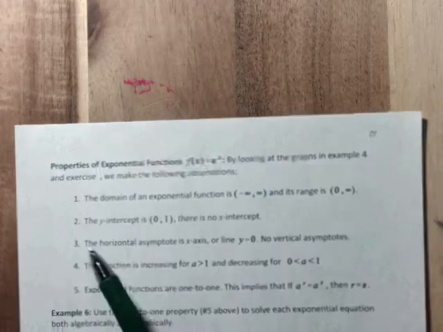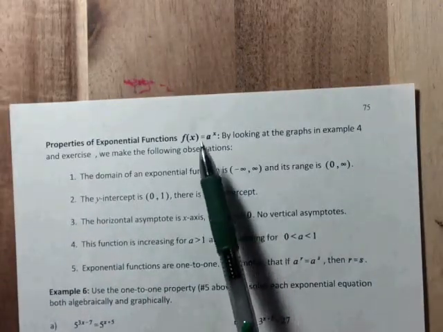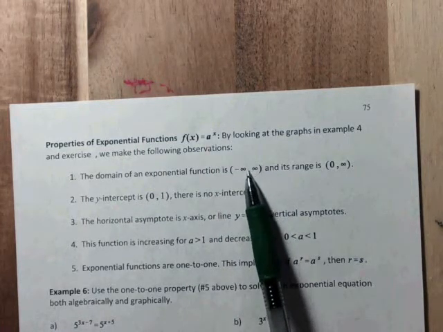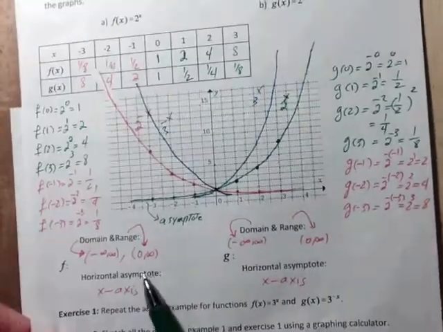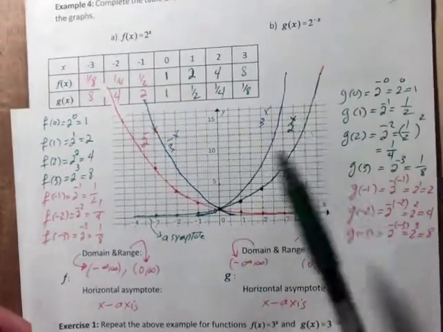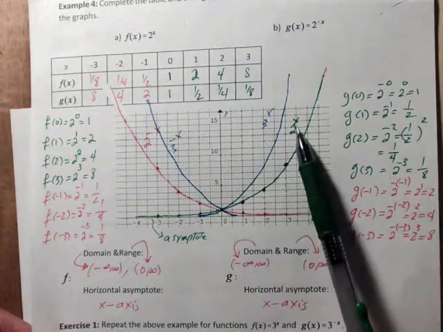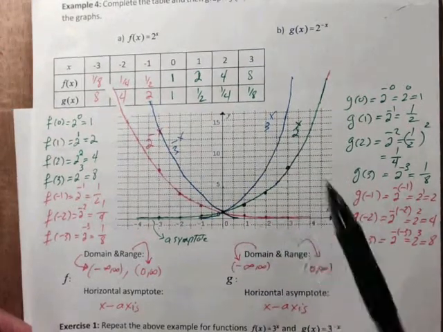The first thing is that the domain of these functions a to the power x is the whole real line, minus infinity to infinity, and the range is 0 to infinity. You can see it here actually. We did it for these two functions, but in general, it doesn't matter. This is 2 to the x or 3 to the x. I can use 4, 5, 6, 7, whatever numbers. It's still the same thing.